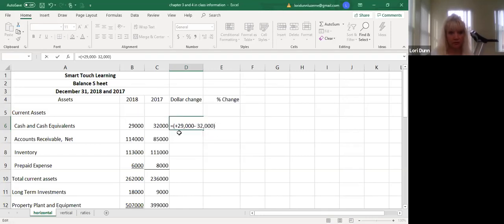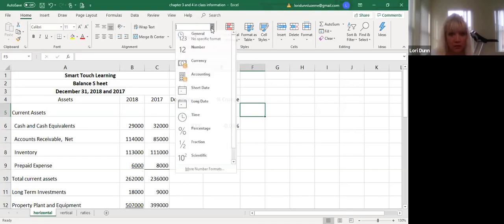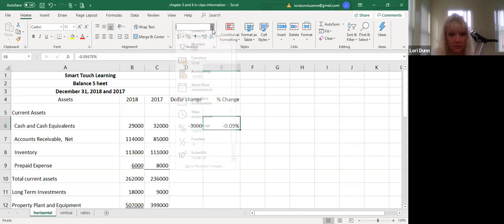Sorry. Let's do it the easy way, Lori. Plus 29,000 minus 32,000. So new number minus that old point in time. It decreased 3,000 dollar-wise. What's the percentage change? Well, minus 3,000, the dollar change, divided by the $32,000. I'm going to have to fix this because that's incorrect. I'm not sure how to format this the best, so just bear with me a second. It's out of whack. 0.09%.